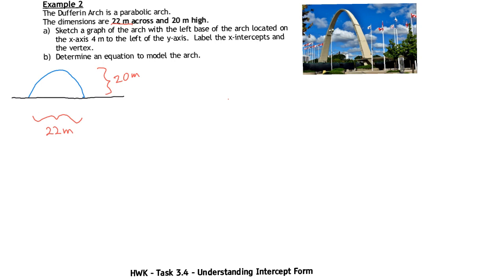In this case, I'm going to imagine that this spot here on the right side is the start of my arch. And it says, sketch the graph of the arch to the left of the base located on the x-axis 4 meters from the left. So if I travel 4 meters from the left, that would look something like this.